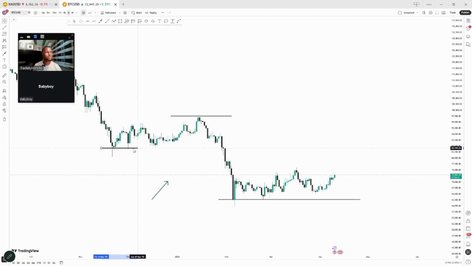So this is a low, this is the buyer in the market. The buyers were able to push the price to this point. This is the sellers. The sellers now hold the price over here, and before we know what the sellers' intentions are, they must break these levels of the buyers.